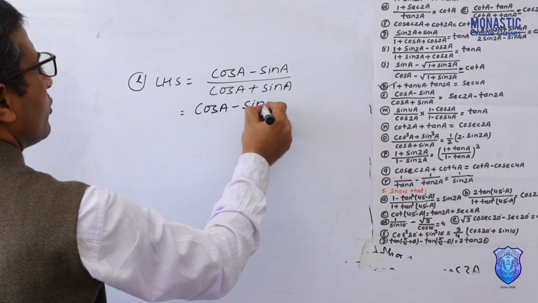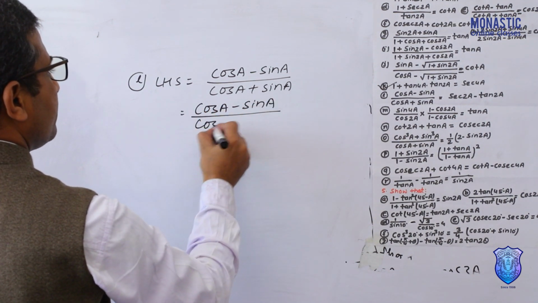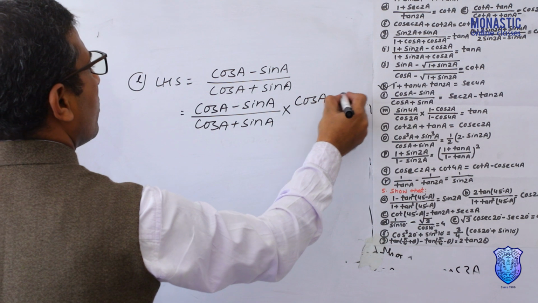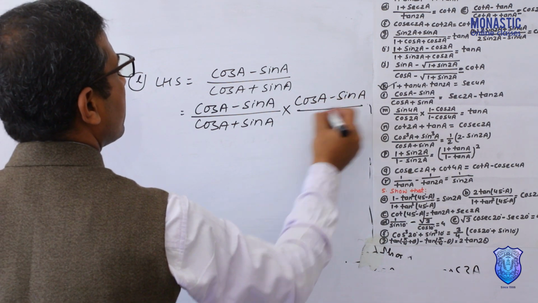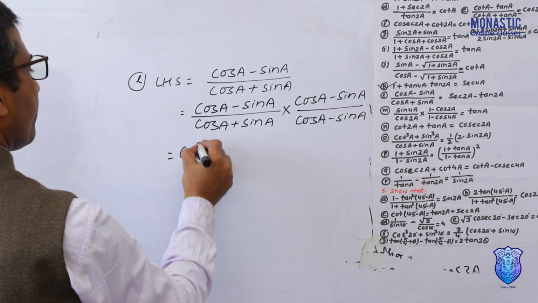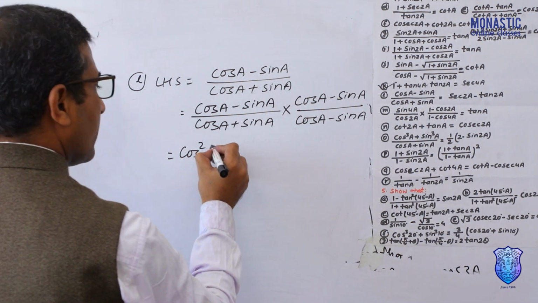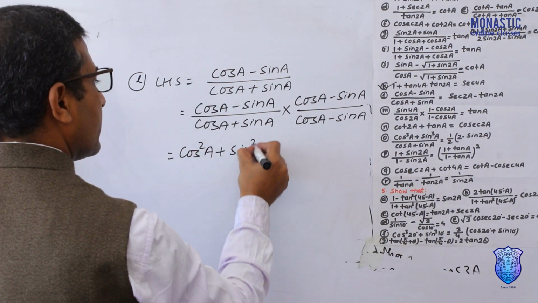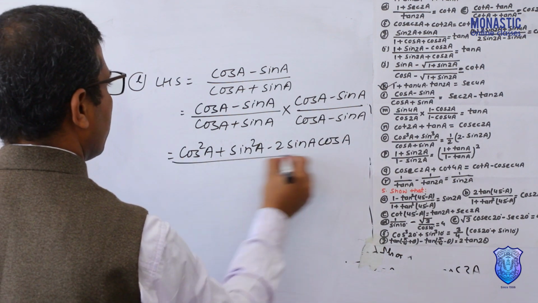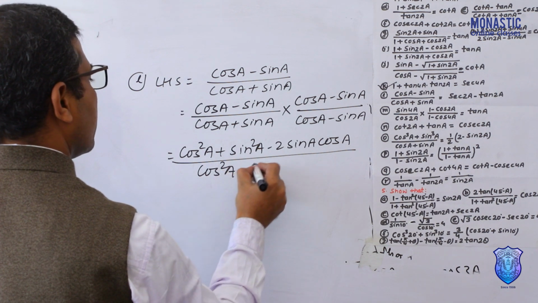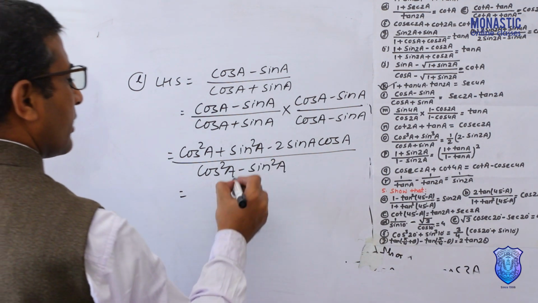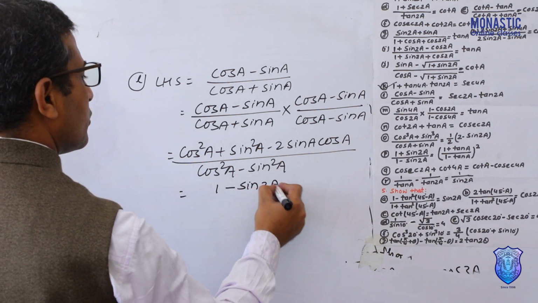We have the formula of cos 2A: cos square A minus sin square A. So we will multiply numerator and denominator with cos A minus sin A. In the upper part it is (cos A minus sin A) whole square: cos square A plus sin square A minus 2 sin A cos A, by cos square A minus sin square A. Cos square A plus sin square A is 1 and 2 sin A cos A is sin 2A.